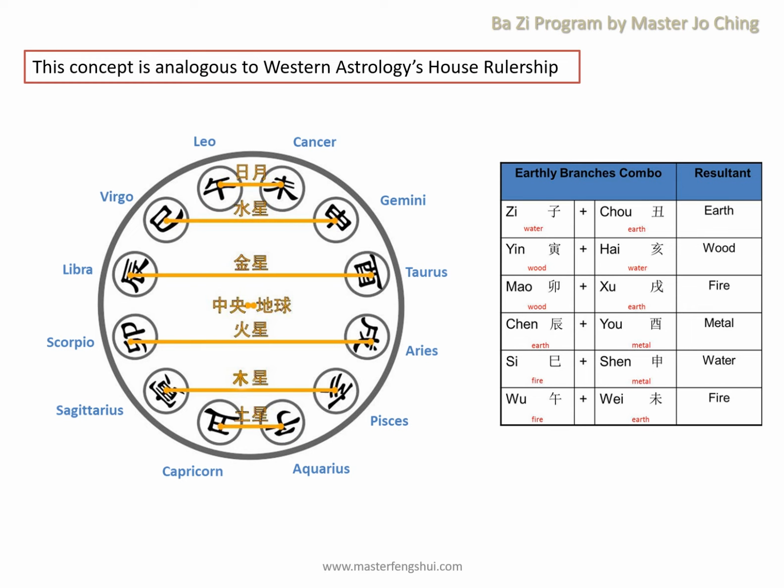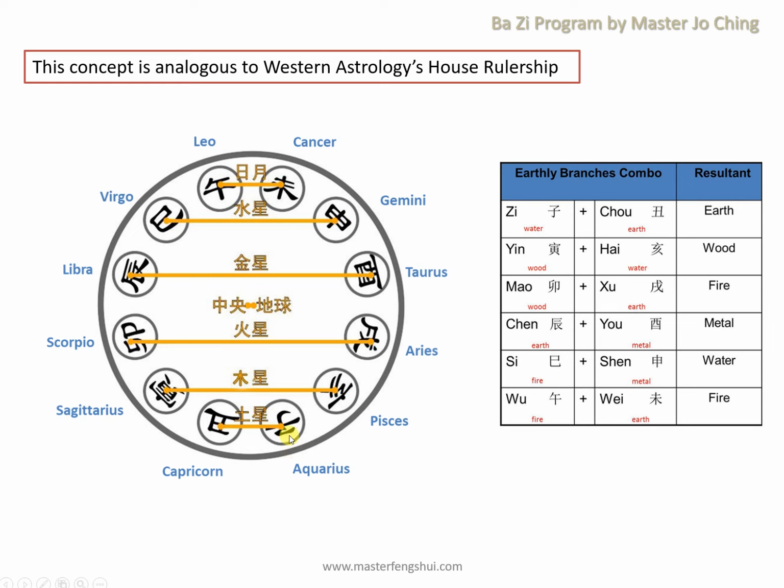子 month, 丑 month, 寅 month, 卯 month. Coming from the Western world, instead of using the 12 earthly branches to label the 12 sectors or 12 houses, they use the signs.